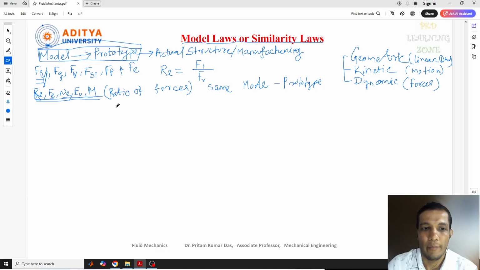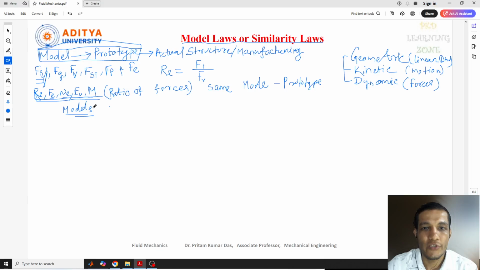That's why different models are designed on the basis of the ratio of forces. As I told you, this is the ratio of the forces, and that is mostly dominating.